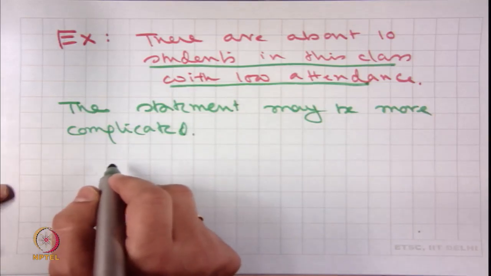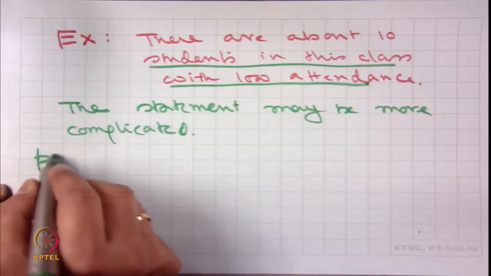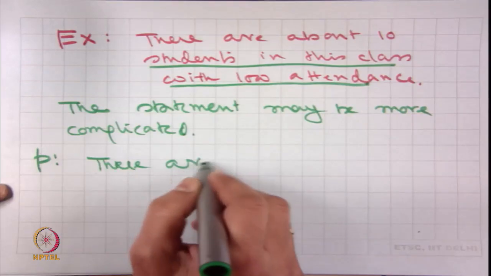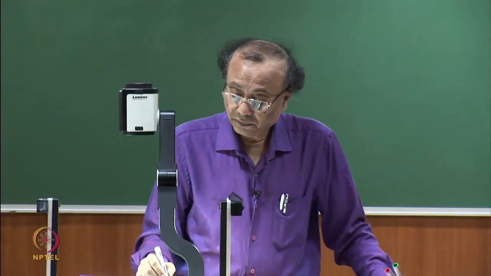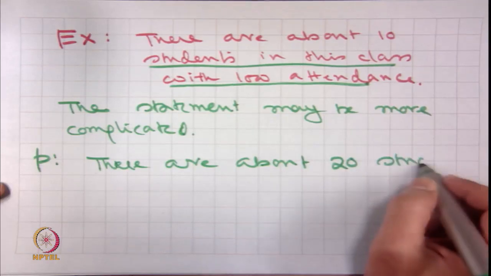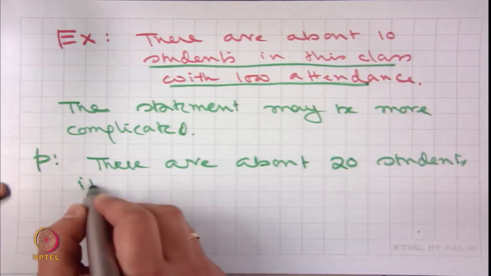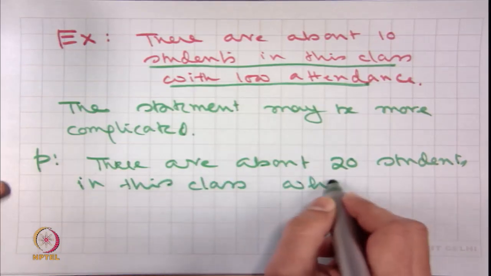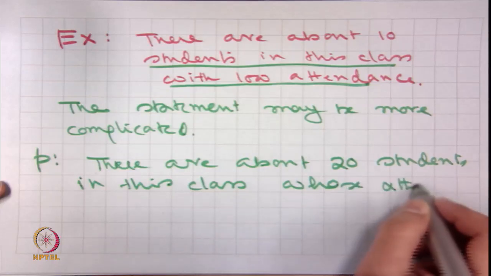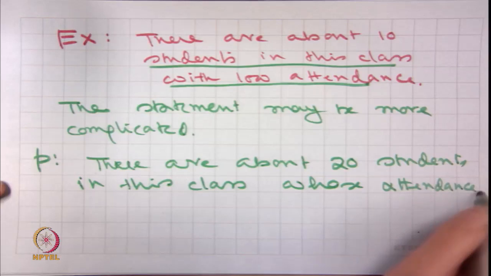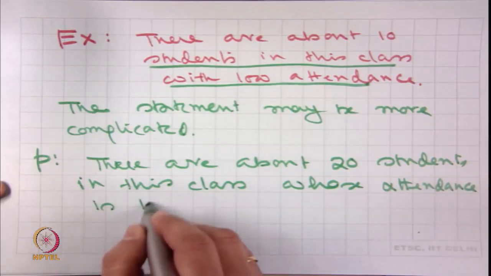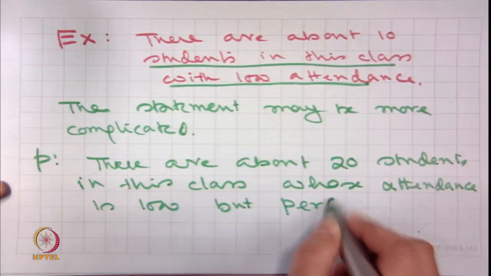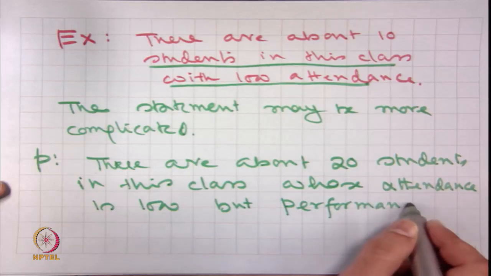Say for example, suppose we write P is there are about 20 students in this class whose attendance is low, but performance is good.